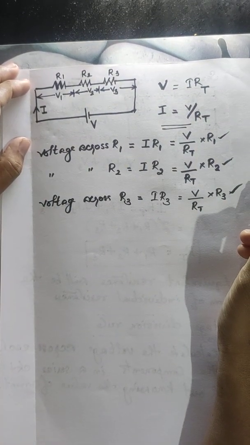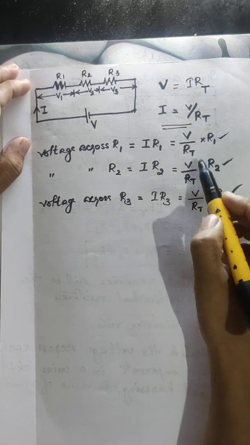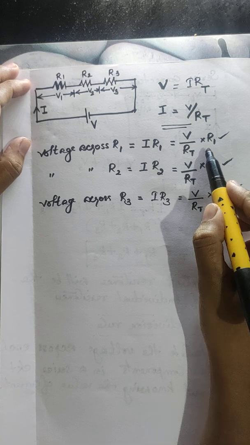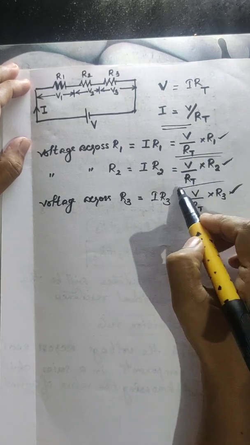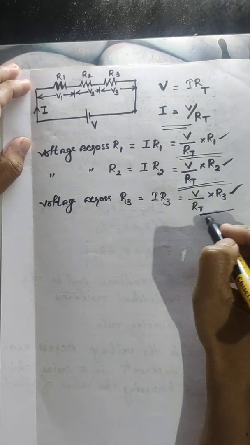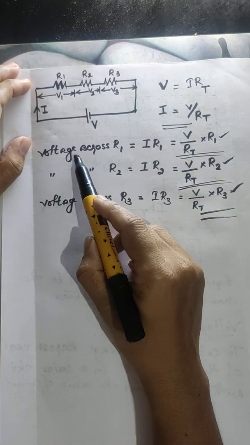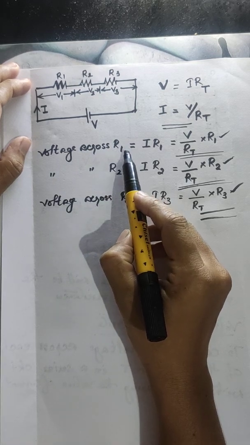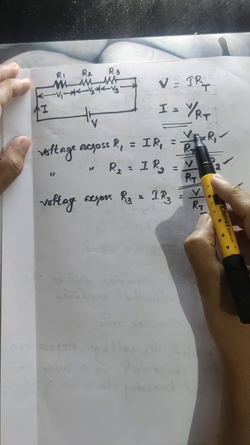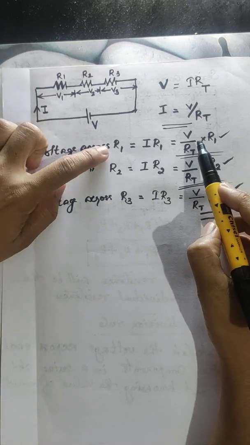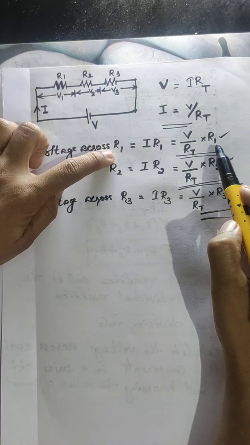So we can write a general equation from these three equations. If we examine these three equations, we can reach a general equation for calculating the voltage across each of the resistors. See, voltage across the resistor R1 is total voltage divided by total resistance into that resistance R1.